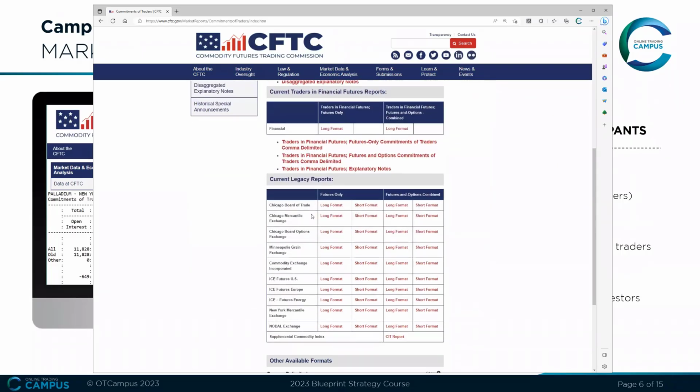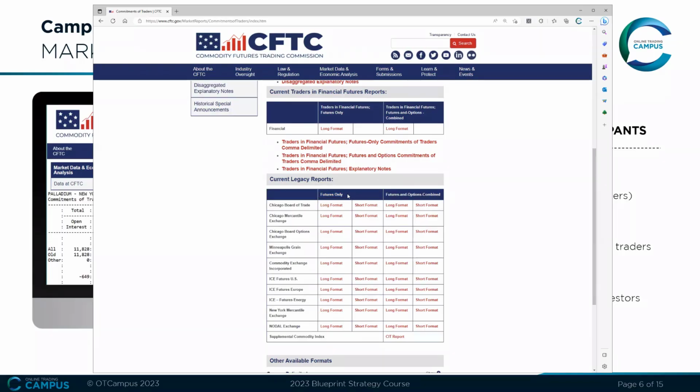The format that we'll be looking at is the legacy reports, because the legacy reports will spit out our 3 different groups, the commercials, non-commercials, and the retailers. And it will list their longs versus their shorts as well for all of the markets that we trade within the futures market. So again, it is a futures only report.